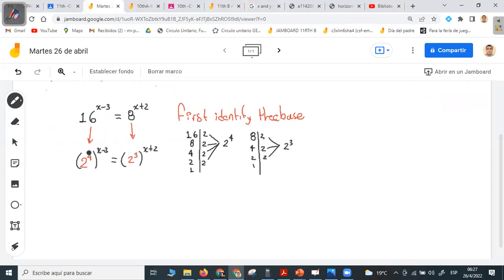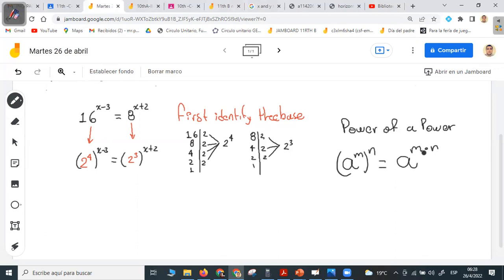So here you have a power of a power. There is a property, don't forget it. Here it is, power of a power. The main idea of this property is that you have, for example, a to the power of m, to the power at the same time of n. It is equal to a to the product of those exponents.